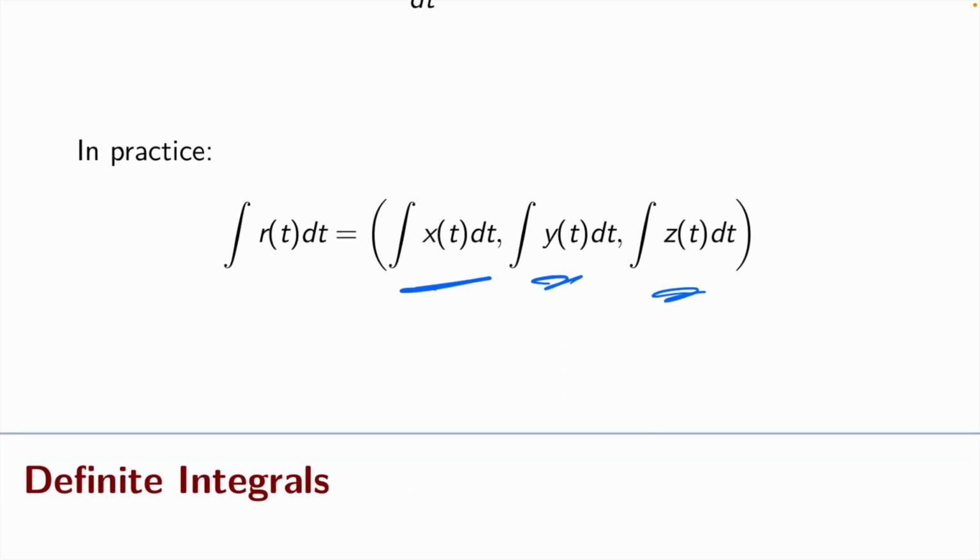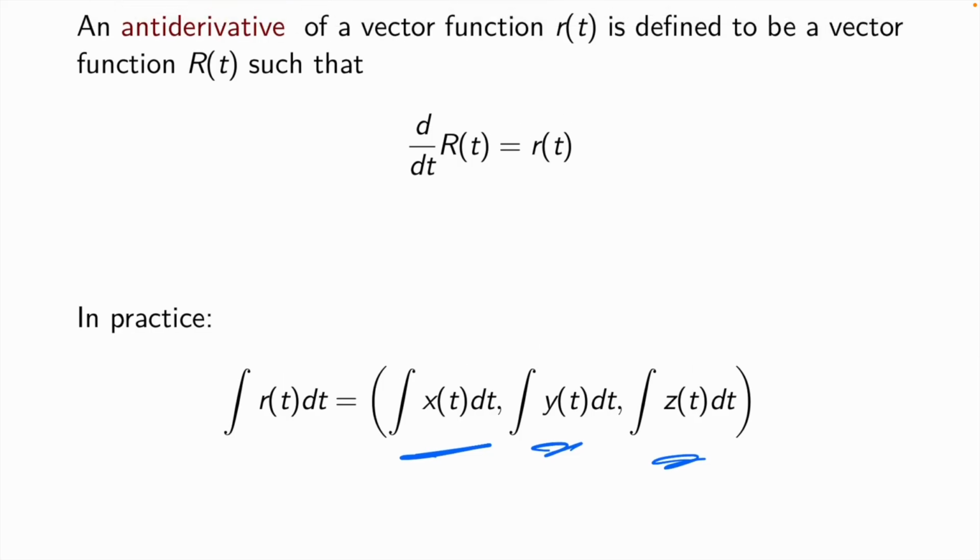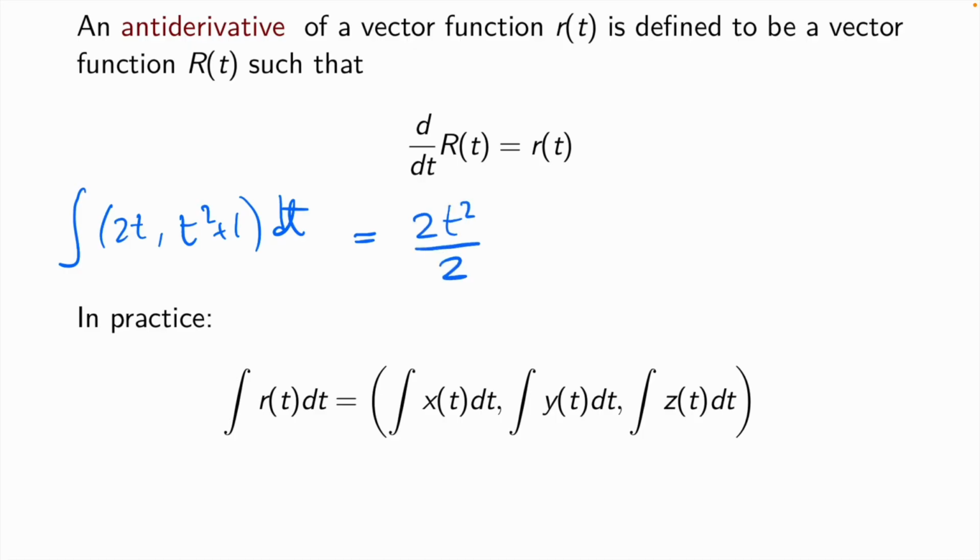And in practice, the integral of a vector value function is going to be the integral of each of its components. So for instance, let's calculate the integral of the function that we have been working with. The integral or primitive of the function 2t comma t squared plus 1 dt is going to be the primitive of 2t, which is 2t squared over 2 plus a constant, comma, the primitive of t squared plus 1, which is t cubed over 3 plus the integral of 1, which is t, and plus a constant.